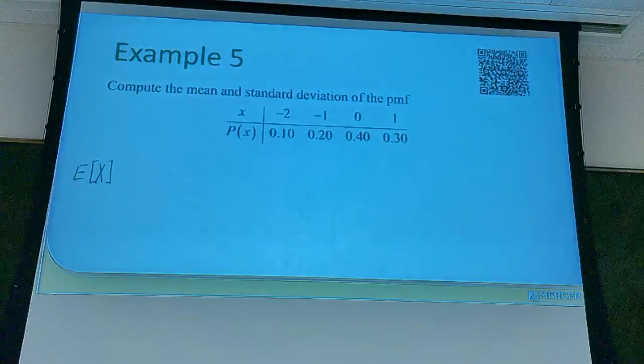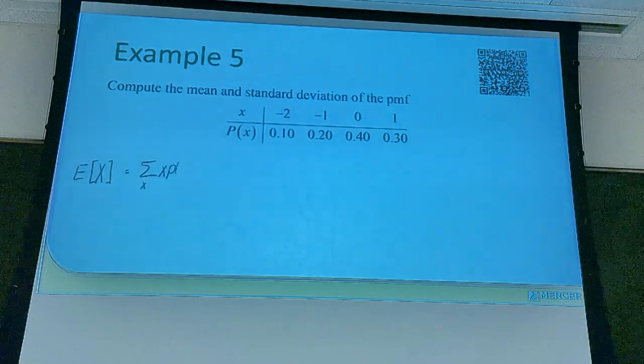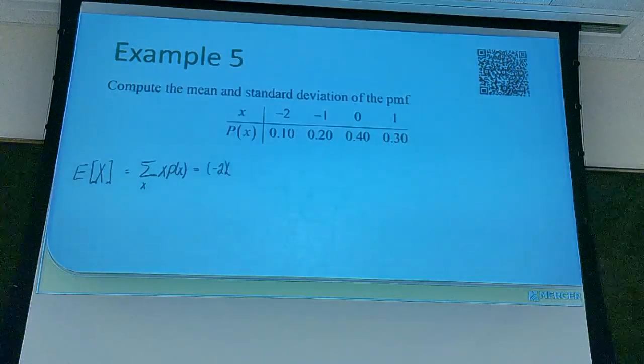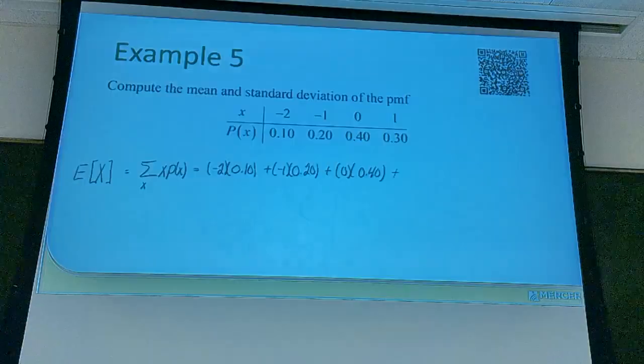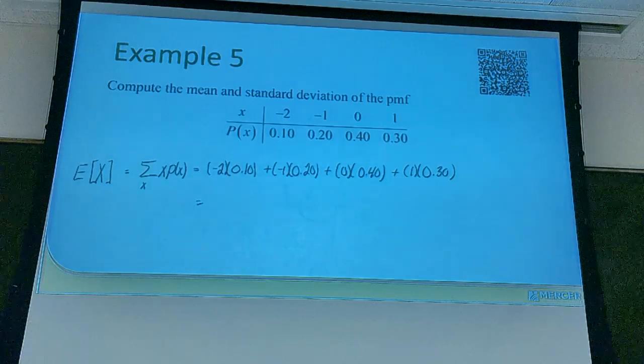And so, mean, expected value. Sum over all x, x times p of x. Negative 2 times 10, negative 20.